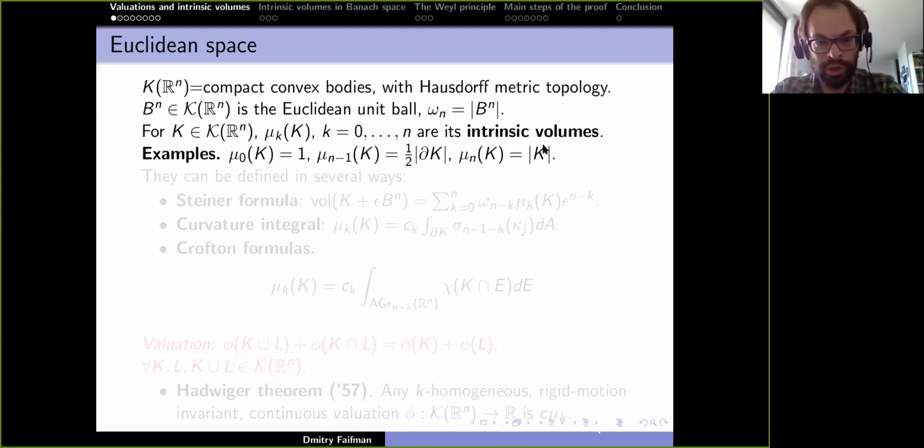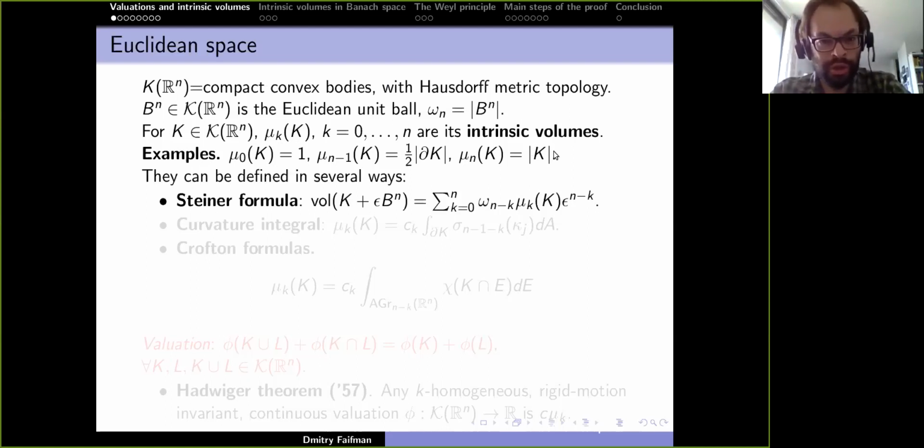So what are all of them? Well, there are different ways to think about intrinsic volumes or to define them. Here are some of them. The Steiner formula tells you that if you take a convex body and consider its epsilon extension, or its Minkowski sum with the epsilon Euclidean ball, its volume is going to be a polynomial in epsilon. And the coefficients of this polynomial, when you properly normalize them, are the intrinsic volumes.